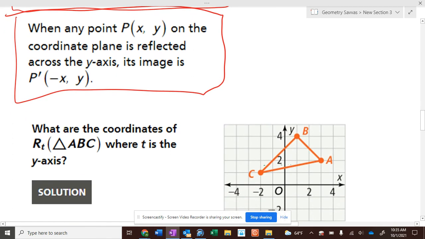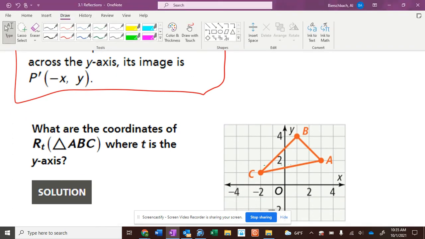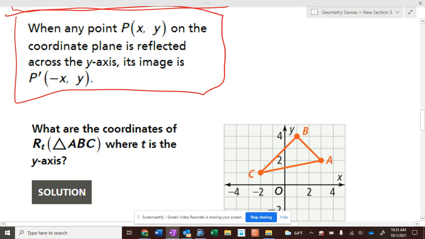We're going to go across the y-axis with this. So if we go across the y-axis, A is 3 to the right of the y-axis. So then A prime, instead of being at (3, 2), is at (-3, 2).